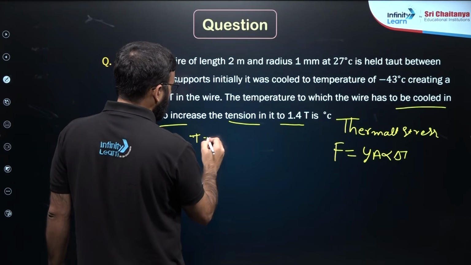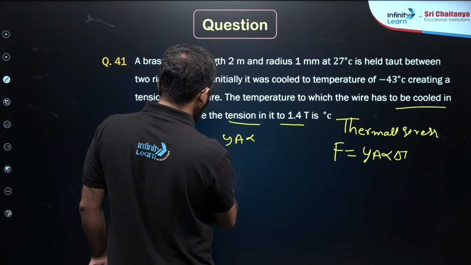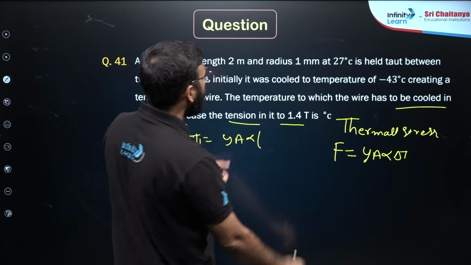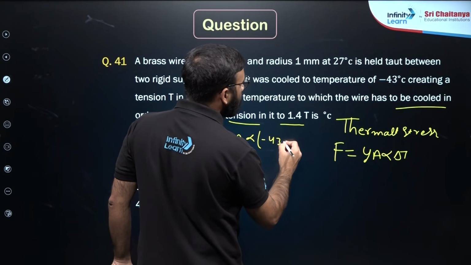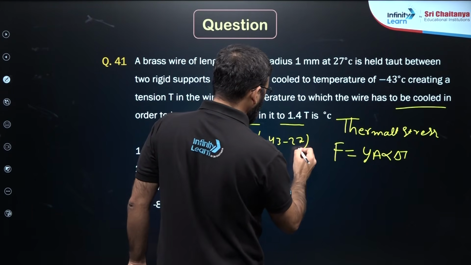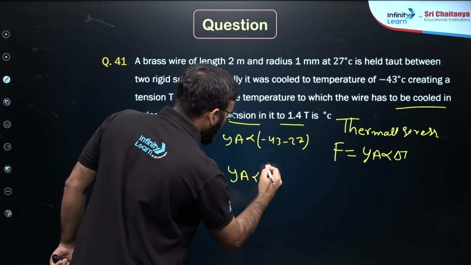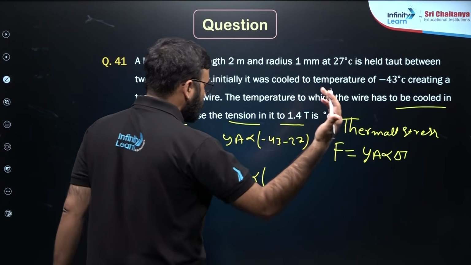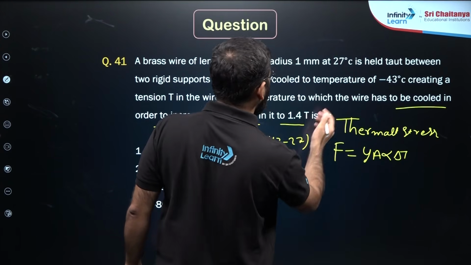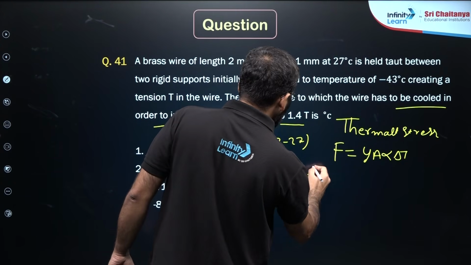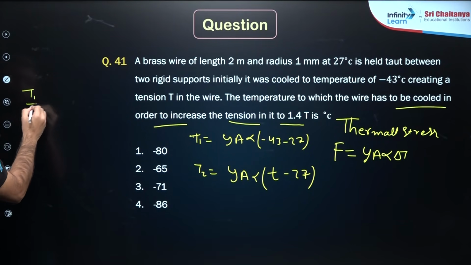So initial condition T equals Y A alpha T1, that is minus 43 minus 27, and T2 is Y into A into alpha times the final temperature, which I will consider as small t, starting from minus 27. So just take the ratio of T1 by T2.